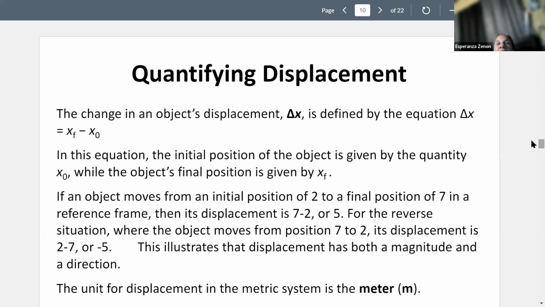So you understand the concept of what displacement is, how we express that in symbol form, and how to calculate it. To get that displacement, you take the final position minus the starting position.